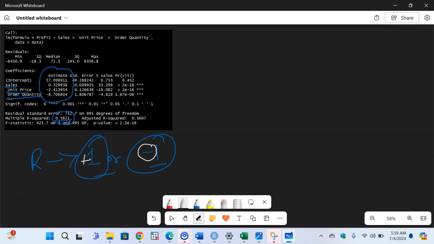Now let's develop our model. Let's give it the general format.